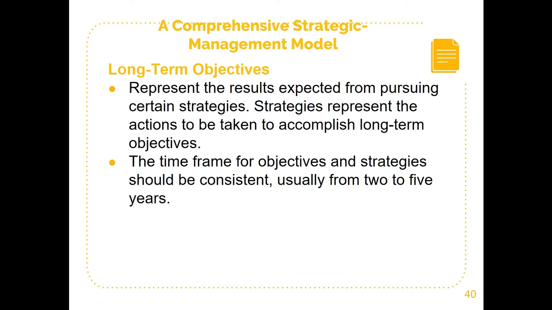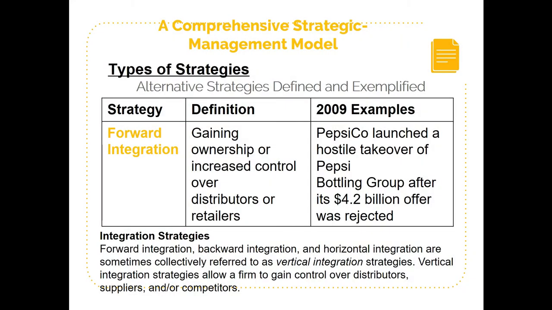Now, in your long-term objectives, it is here where you are going to identify strategies that you will use in the organization. So let's take a look at the different types of strategies. So we have here first the integration strategies. So integration strategies would include your forward integration, backward integration, and horizontal integration.